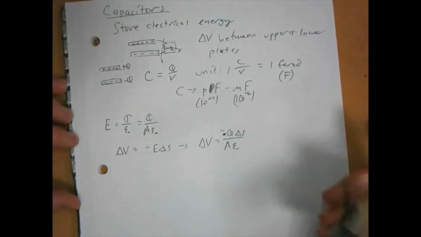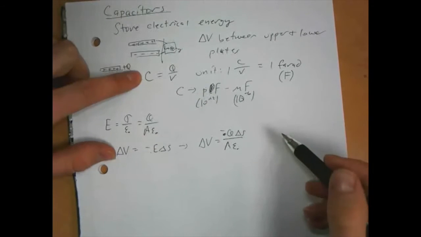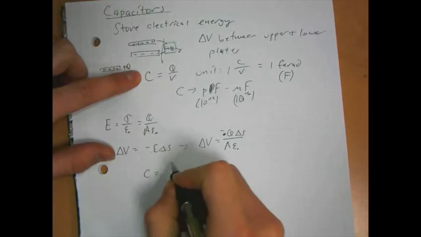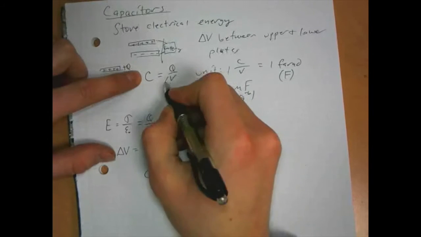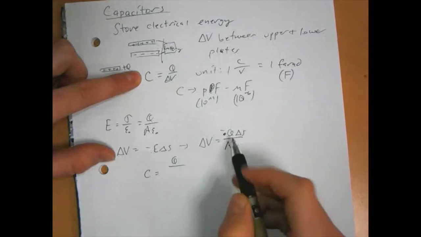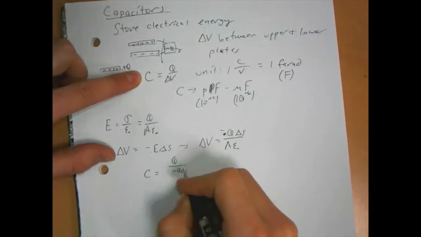And therefore capacitance, following up with this equation, is equal to Q over, technically this is a potential difference, minus Q delta S over A epsilon naught. Q's go away.